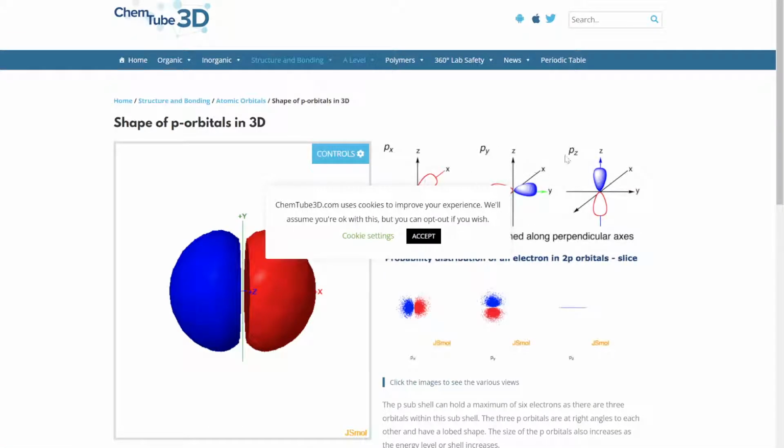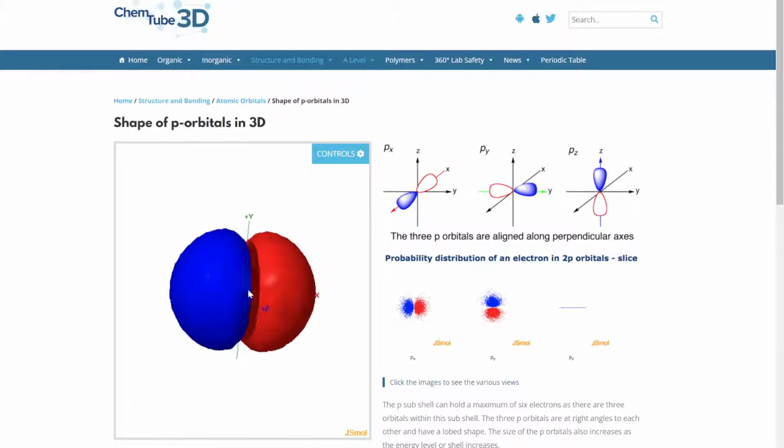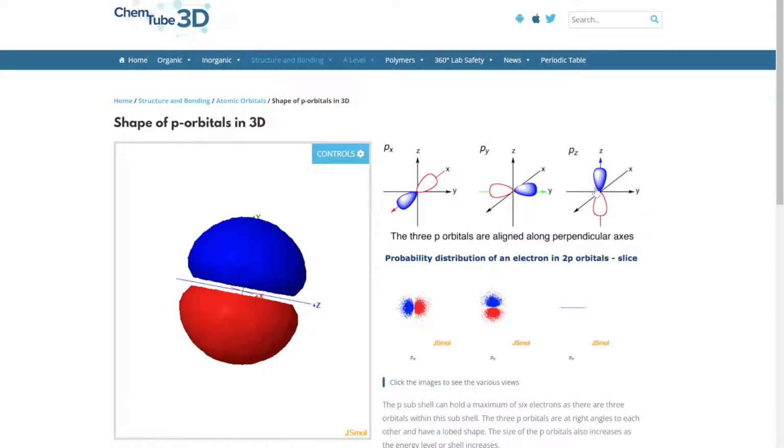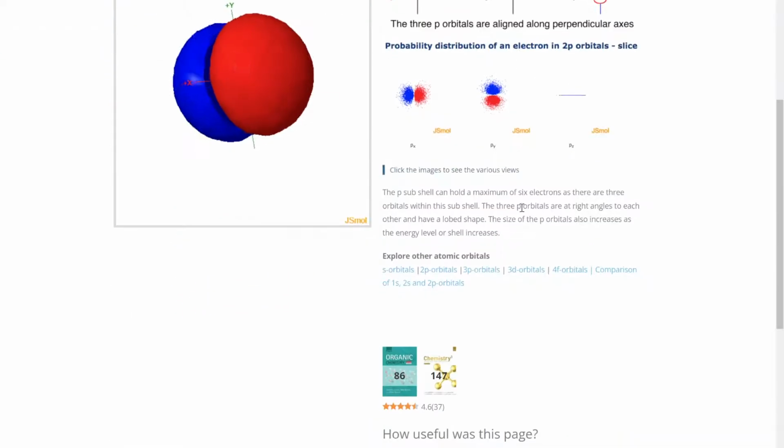There we are. If we look at p orbitals, you can see that they are at 90 degrees to each other. There's one of them, and there's the next one, and there's the next one. P orbitals exist at 90 degrees to each other.